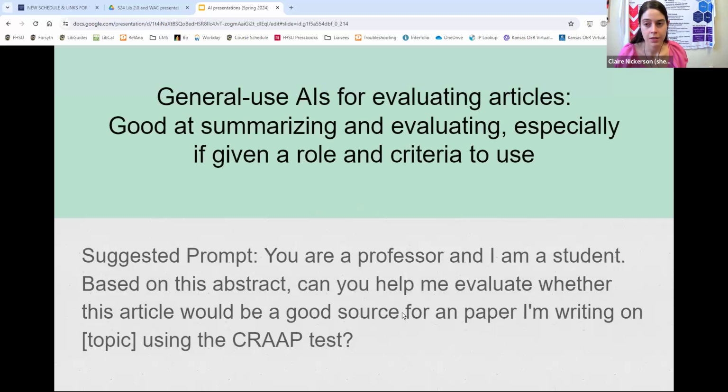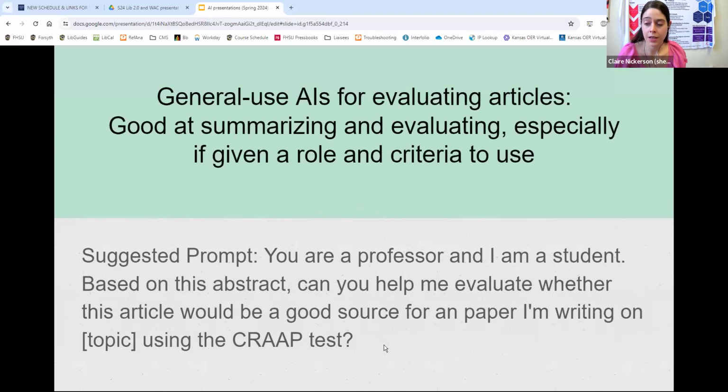All right. So general use AIs are fairly good for evaluating articles. Of course, they're good at summarizing, and they're also good at evaluating, especially if you give them a role and criteria to use. So here's an example of just a very short prompt. Obviously, you can get very into prompt engineering and provide an extremely long prompt with a lot of details. But here's the one that I used. You're a professor, and I'm a student.